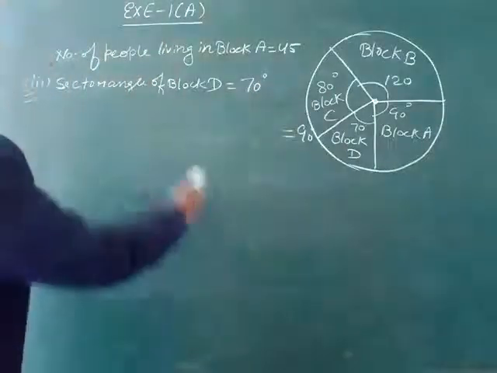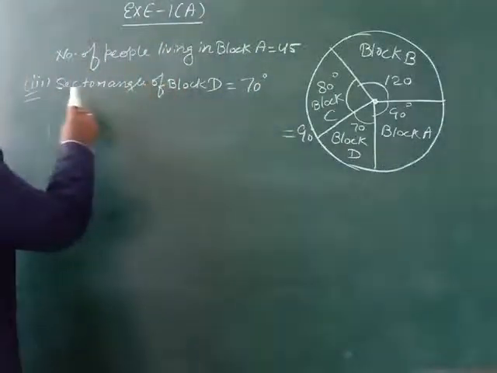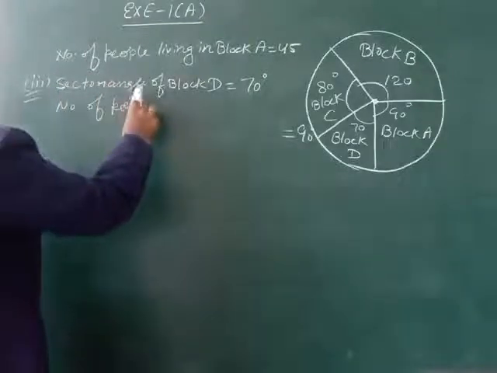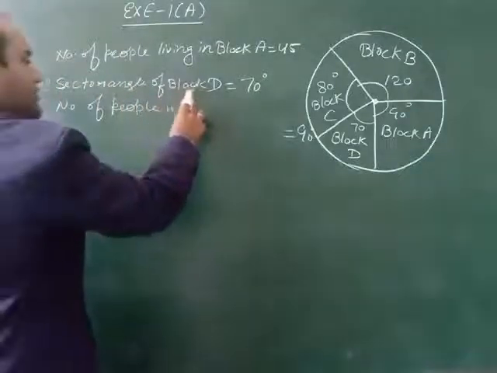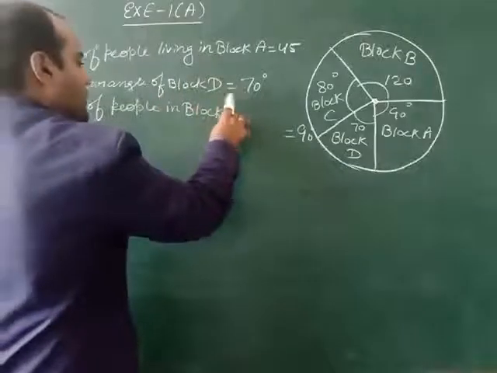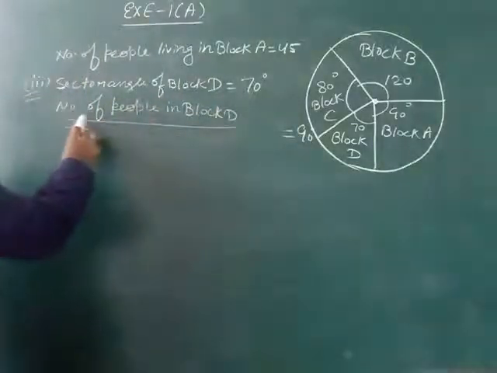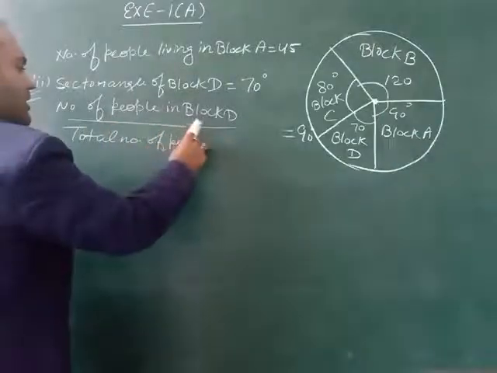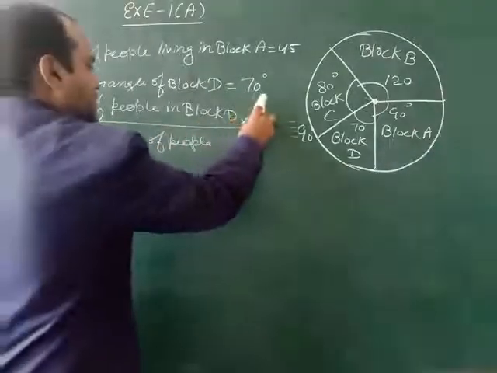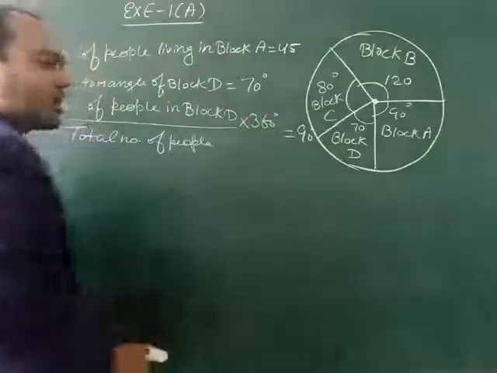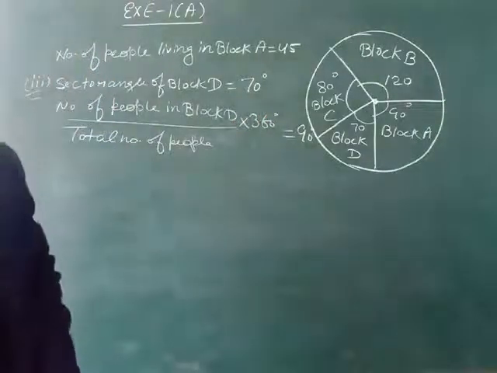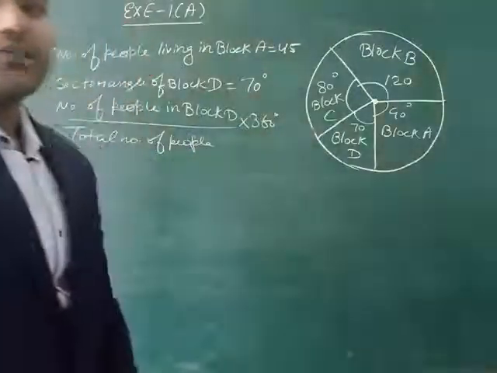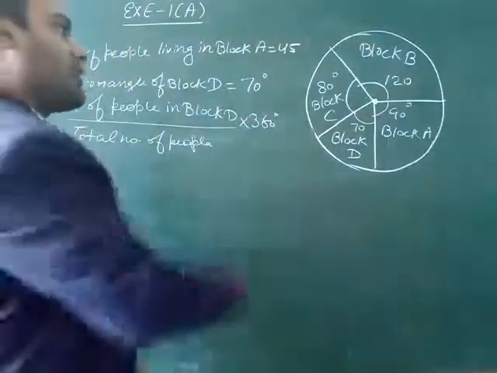Formula for sector angle of block D: number of people in block D upon total number of people, multiply 360. This is the formula to calculate the sector angle of block D, but the sector angle of block D is already given, that we will write on the right hand side.